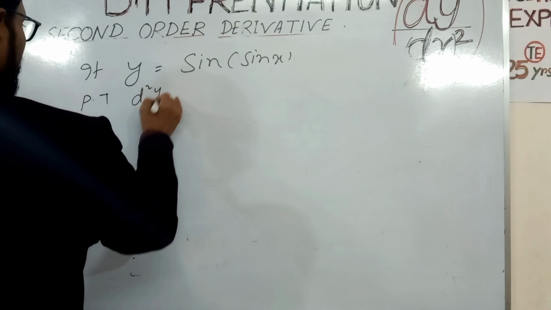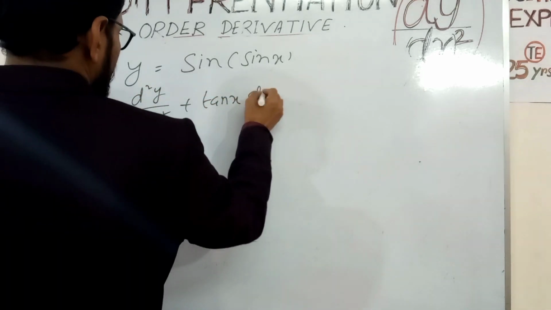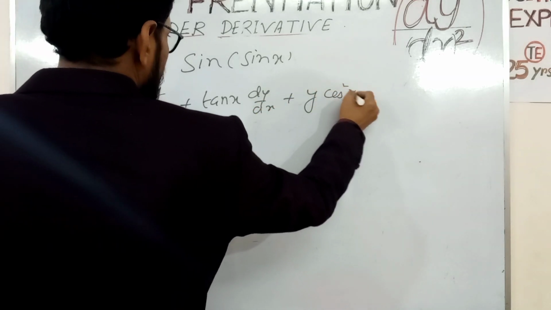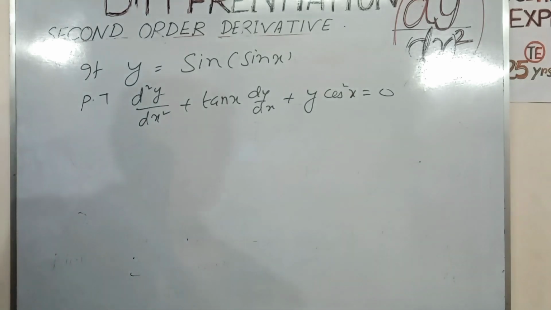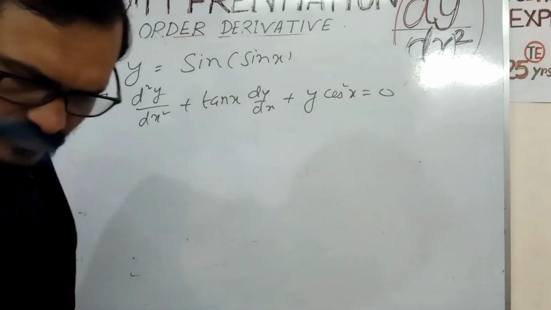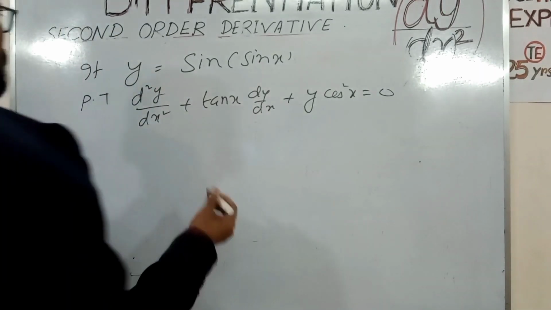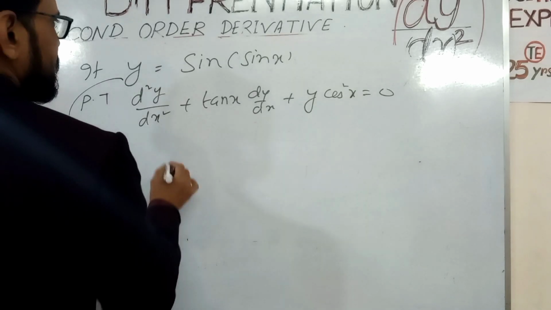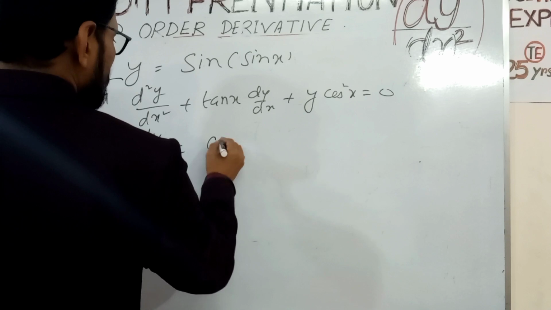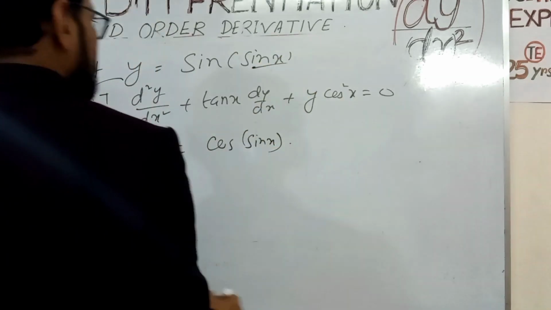Next: if y equal to sin of sin x, prove that d2y by dx square plus tan x dy by dx plus y cos square x equal to 0. So first find dy by dx. dy by dx equal to derivative of sin of sin x, which is cos of sin x, into derivative of sin x, which is cos x.